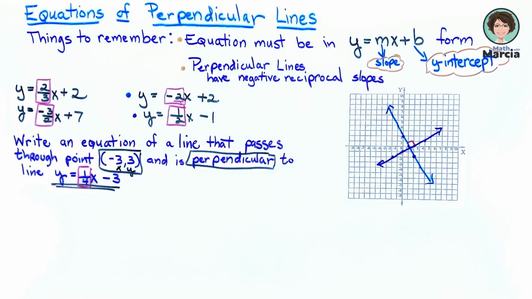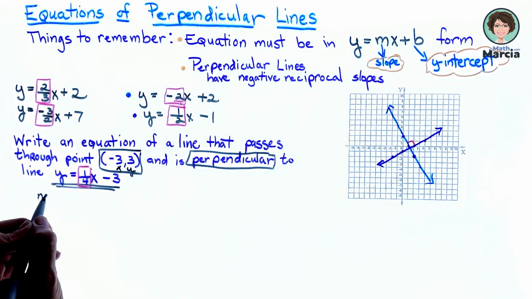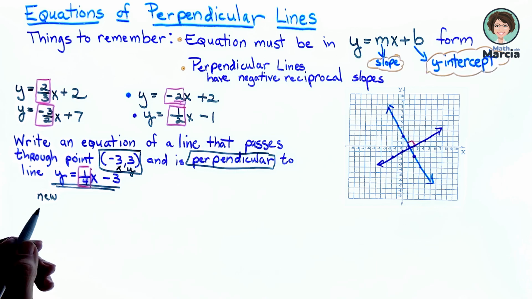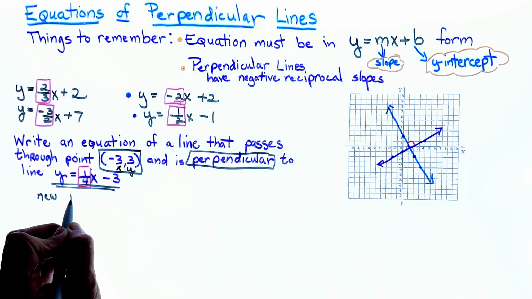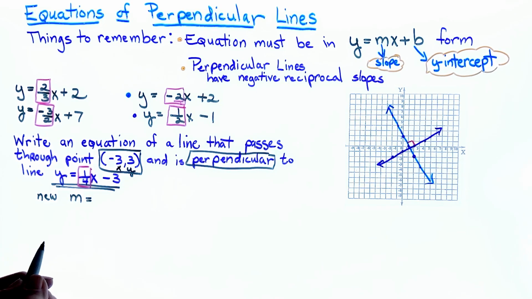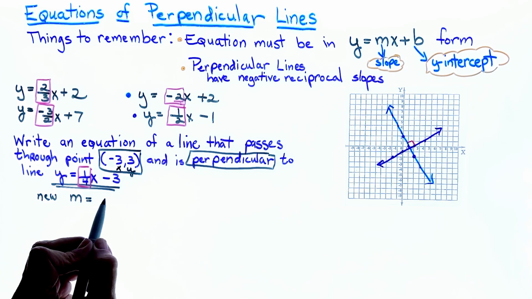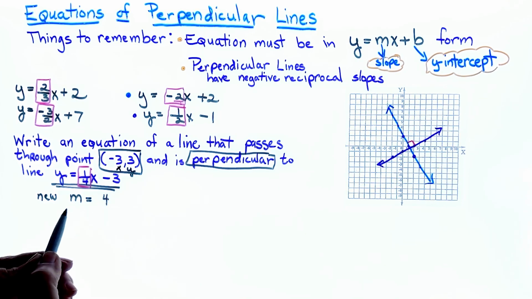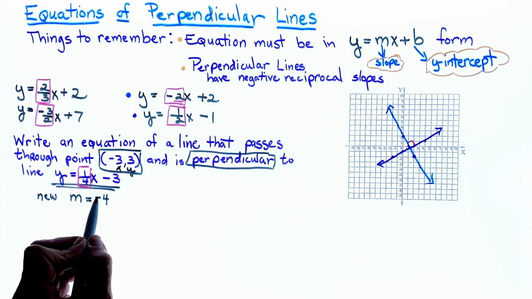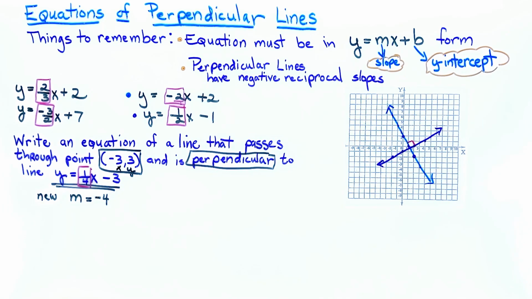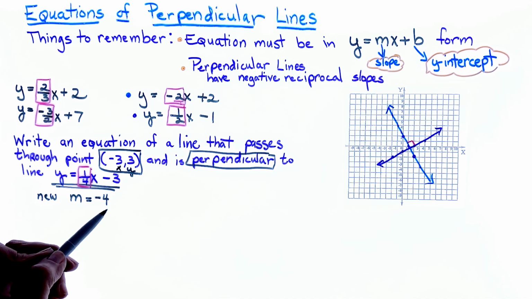If I want the new slope for my perpendicular line, m is equal to the reciprocal of 1/4, which is 4. And remember, it needs to be a negative reciprocal or the opposite of what is given. So my new slope is negative 4.